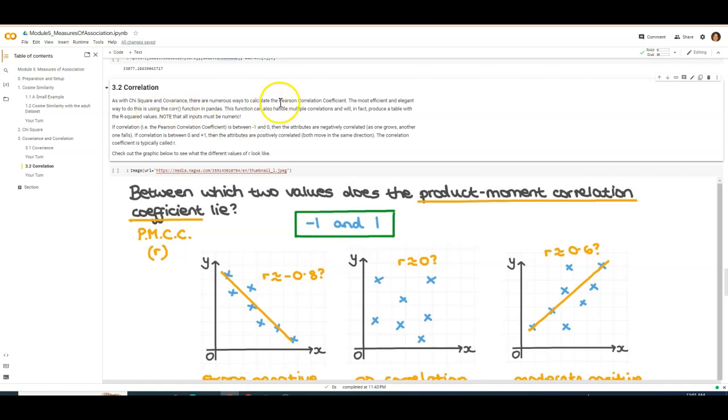We measure that strength of the connection between the two values with a Pearson correlation coefficient. This Pearson correlation coefficient can lie between 0 and -1. If it lies there, then we say the two attributes are negatively correlated. If the Pearson correlation coefficient falls between 0 and +1, the attributes are positively correlated.